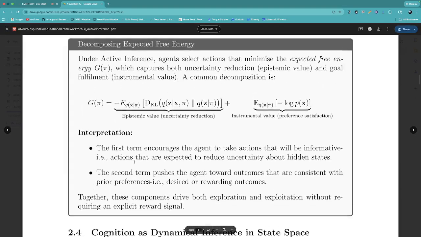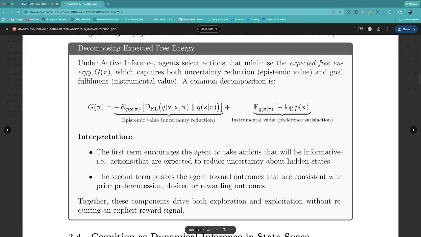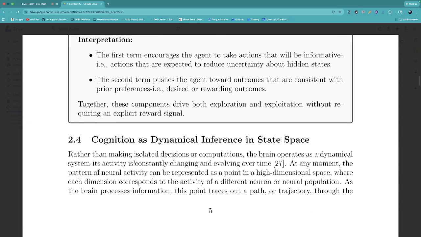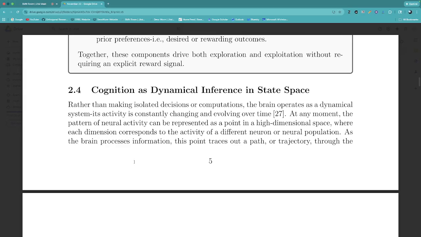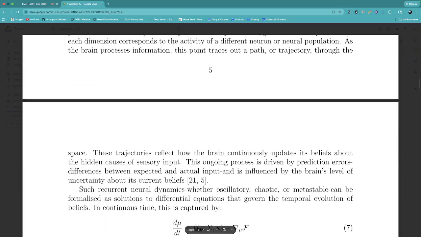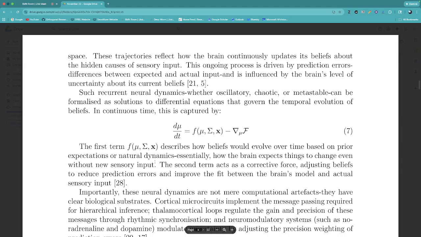So there are a lot of connections with reinforcement learning. The argument here is that it improves upon reinforcement learning by having this action state. And then they talk about cognition as dynamical inference in state space, thinking about this as a dynamical system.